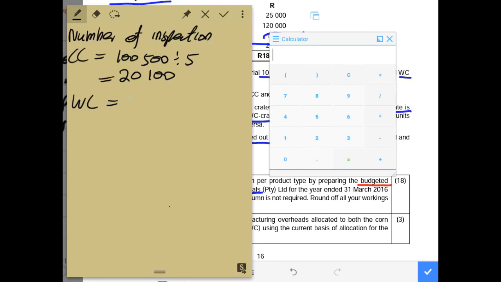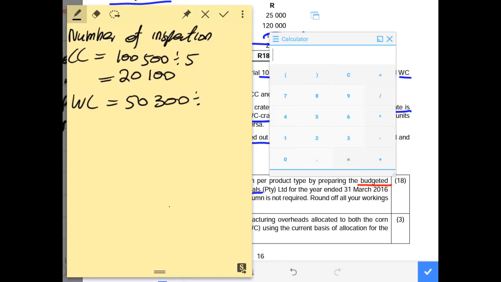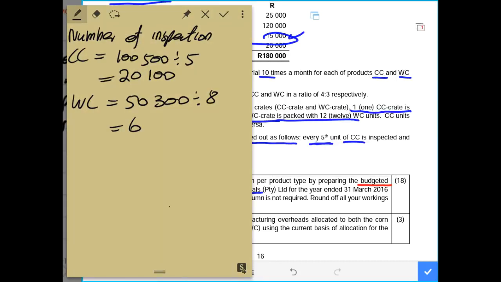Second one will be 50,300 units that were actually manufactured. Divide this by 8. Then you say 50,300, divide this by 8. It will give us 6,288. Was it 8? Let me confirm that.